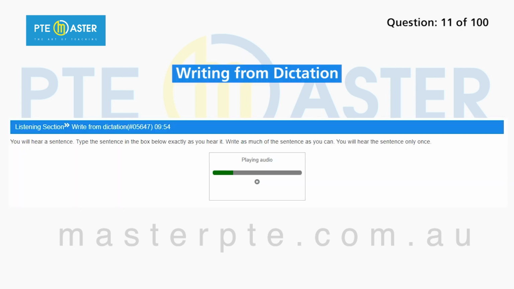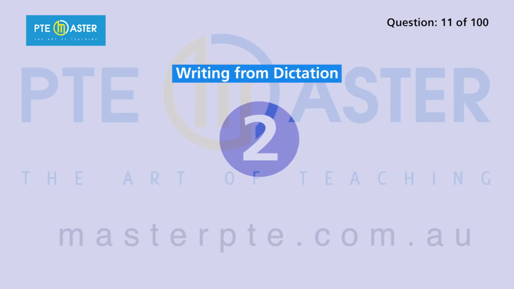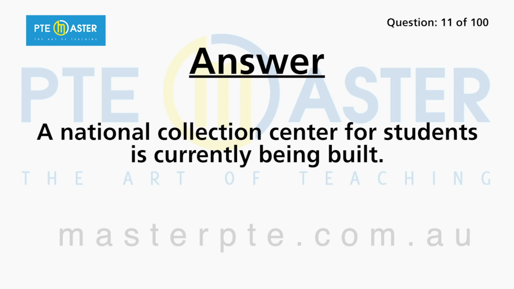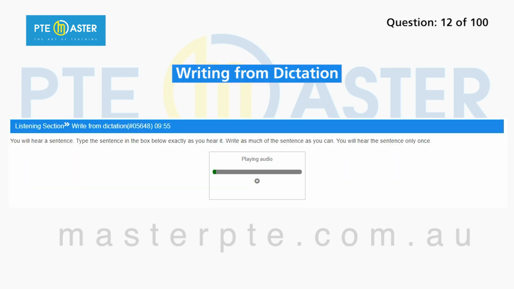A national collection center for students is currently being built. Parents today are more responsible for their children's education.